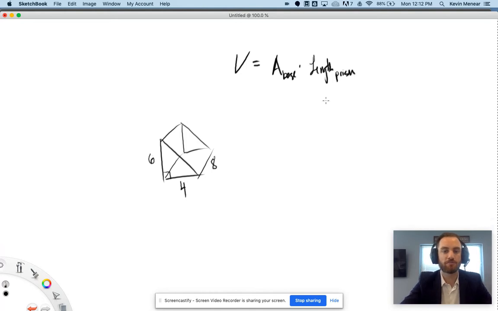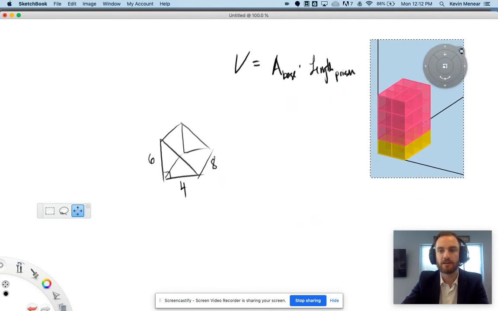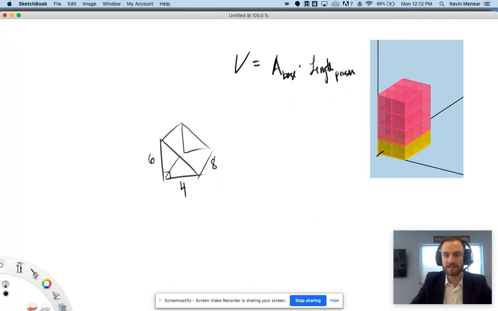Okay, so bringing back my GeoGebra example, this would be considered the area of the base. Here's my base here. And this was 2 and this was 3. And then this is my prism, the length of my prism.